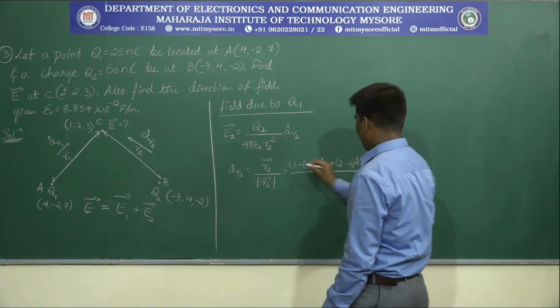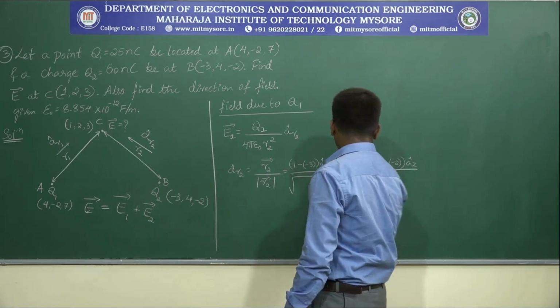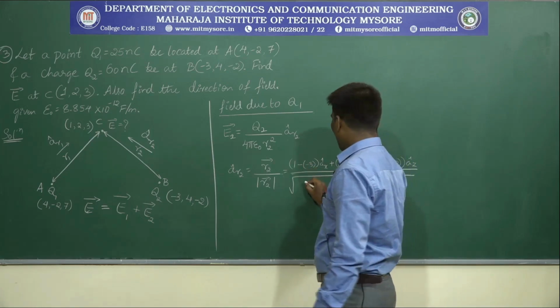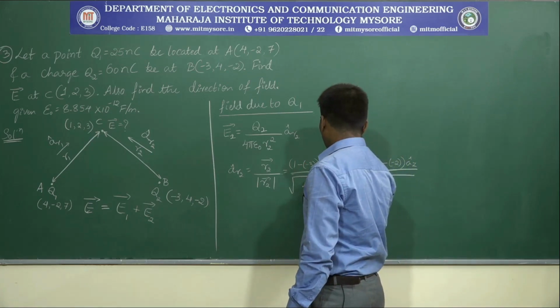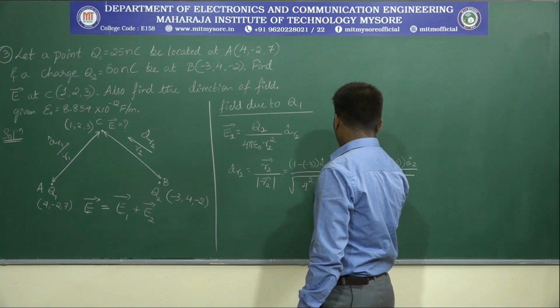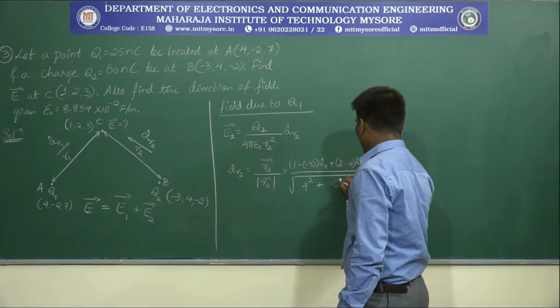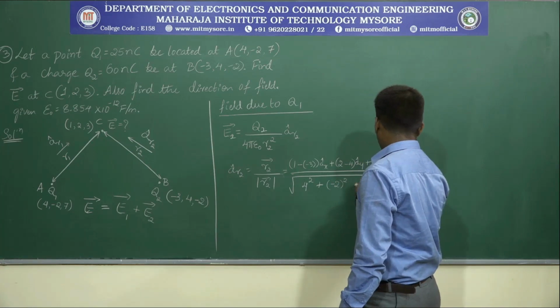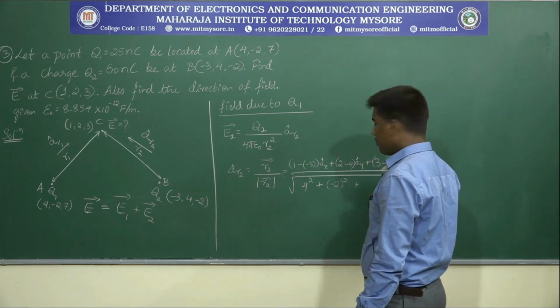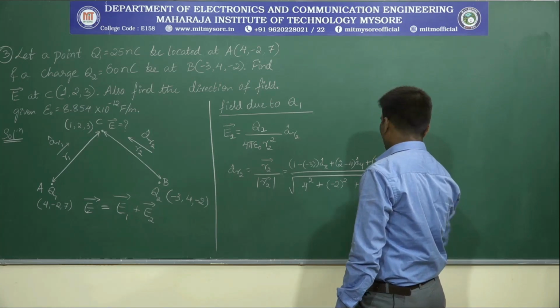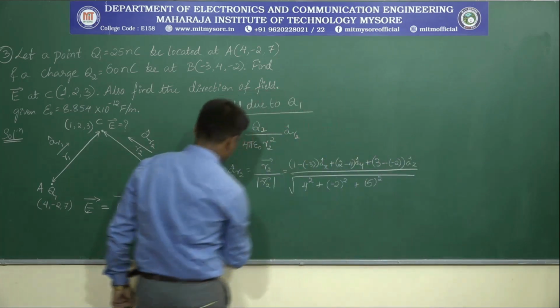divided by magnitude of all these things, that is square root of 1 minus of minus 3 means 4, 4 square plus 2 minus 4 minus 2 square plus 3 minus of minus 2, 5 square. Okay, so what is the value we are going to get?